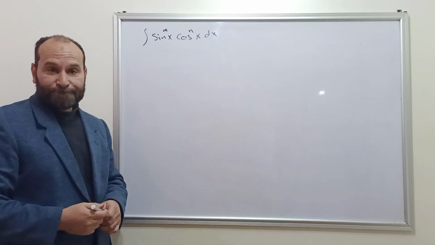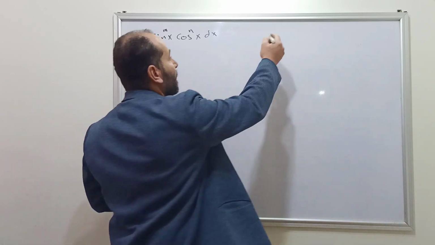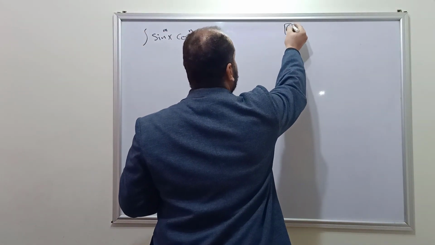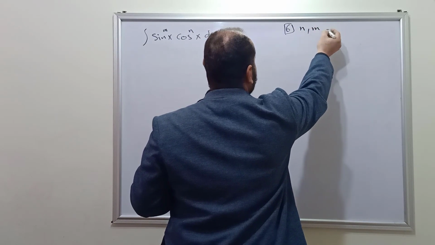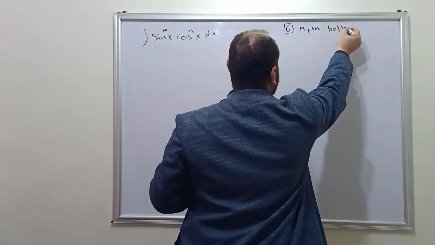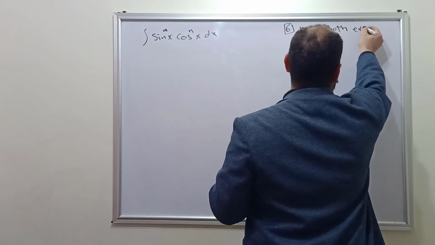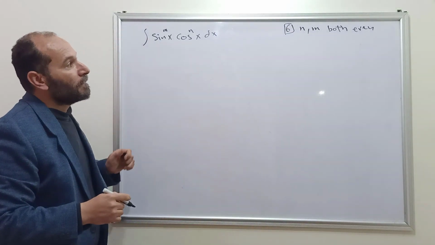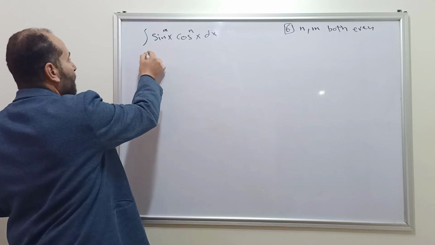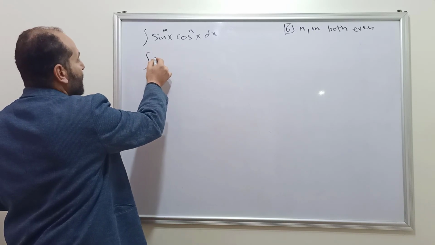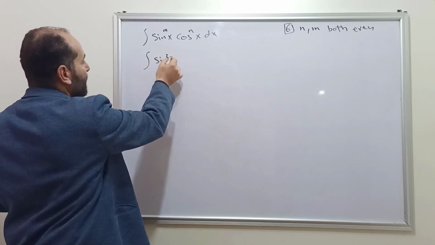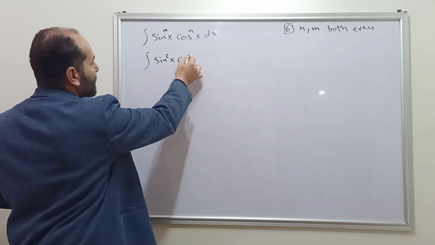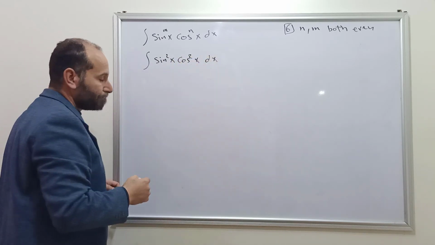The sixth case: if n and m are both even. For example, the integration of sine squared x cosine squared x dx.